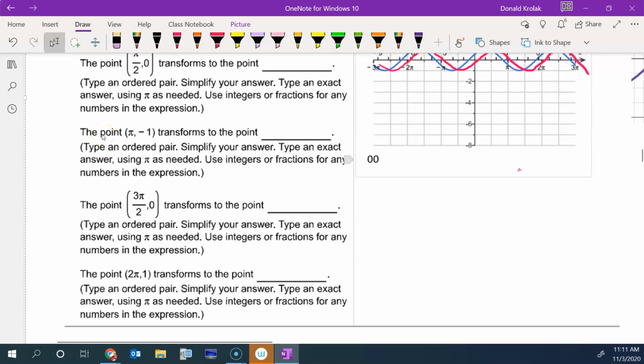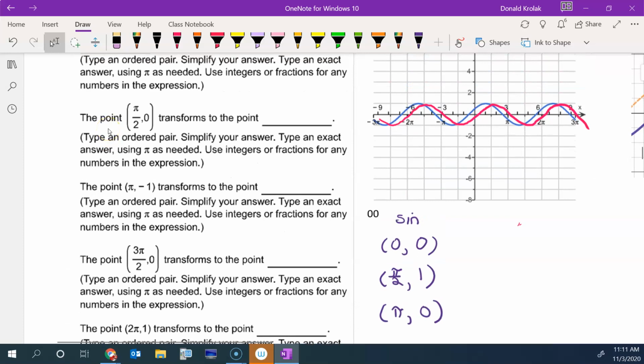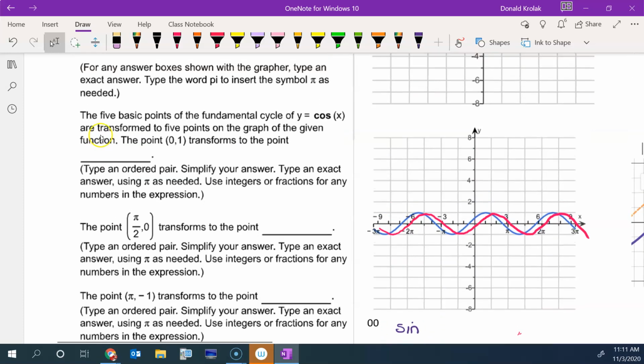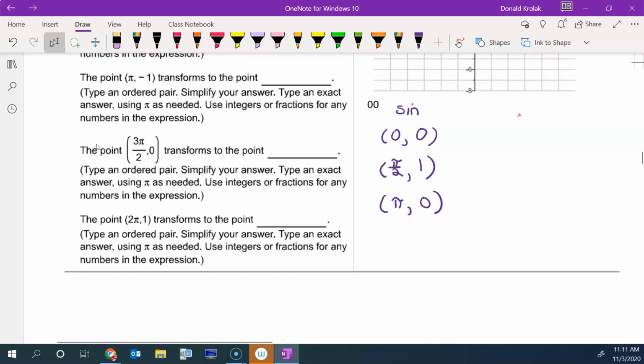Okay, if you're dealing with a sine graph, then you're going to write down 0, 0, pi over 2, 1, pi, 0, then 3 pi over 2, negative 1, your last point, 2 pi.